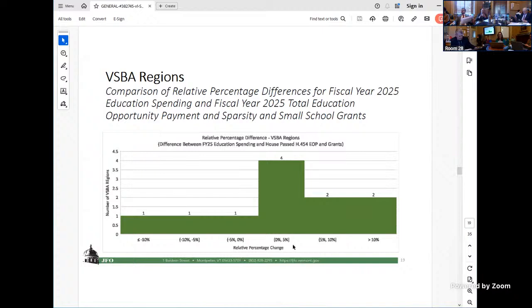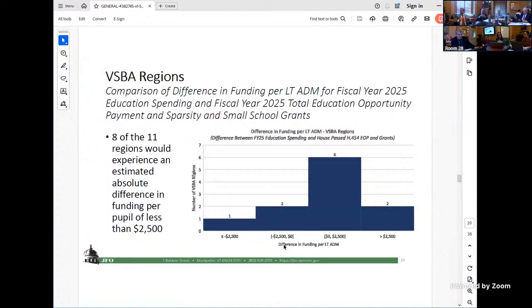Here we see that 4 of the VSBA regions would experience an estimated increase between 0 and 5%. This chart has the same intuition as the previous chart: 8 out of the 11 would experience that absolute difference, so 2,500 either side of 0. 8 out of the 11 would see that.